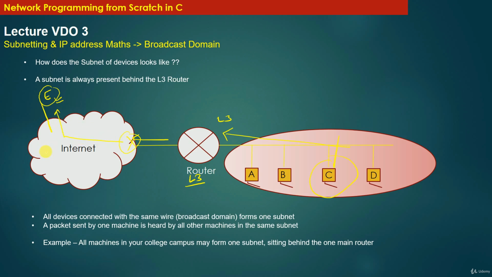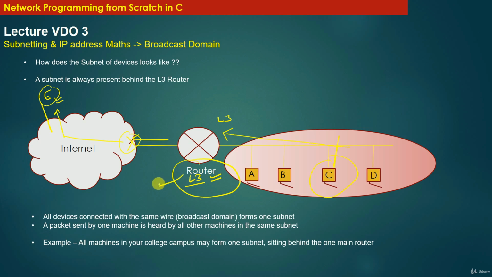So the point I am trying to emphasize is that whenever the communicating machines are present in different subnets, the data has to pass through the gateway L3 router of the subnet. And whenever the communicating machines are present in the same subnet, then the L3 router does not play any role.